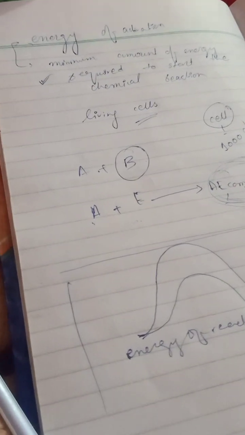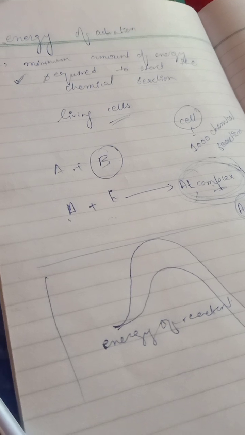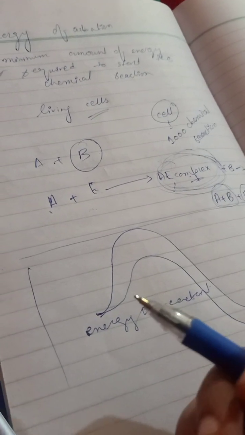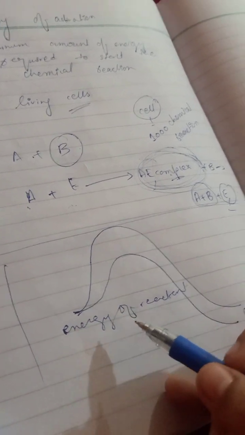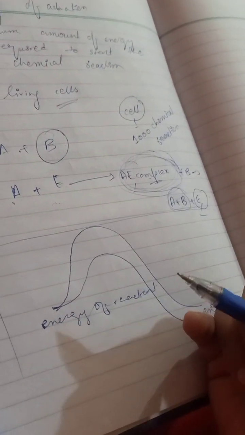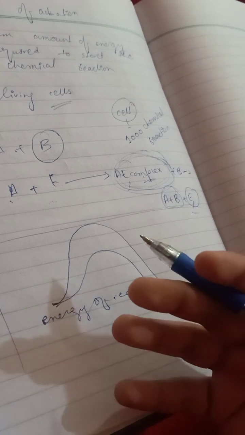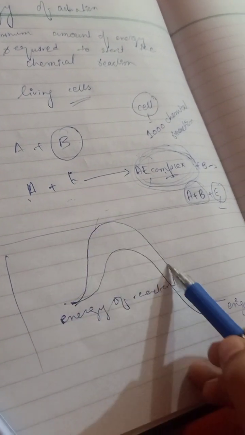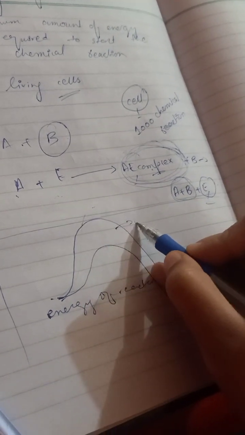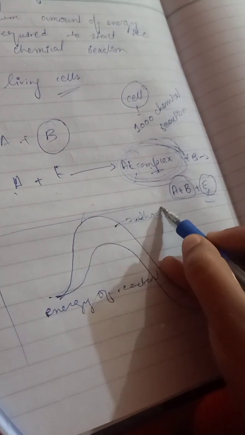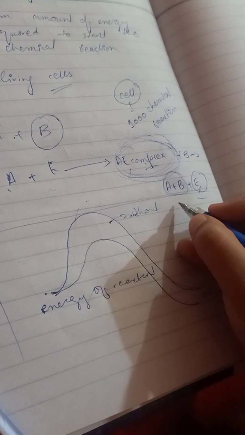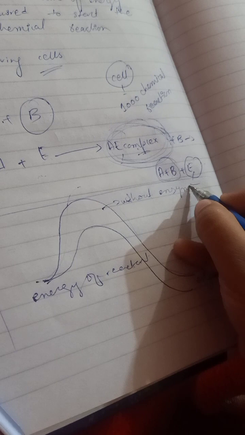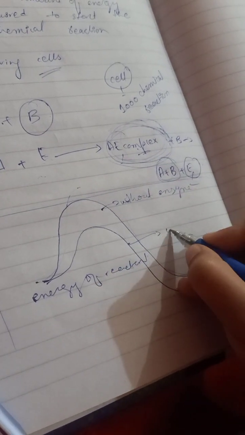As you all know, the enzyme works to start the reaction. So the enzyme has a big role in the activation energy. If there is a change in free energy, it is also like that. This takes too much time without enzyme, and less time with enzyme.